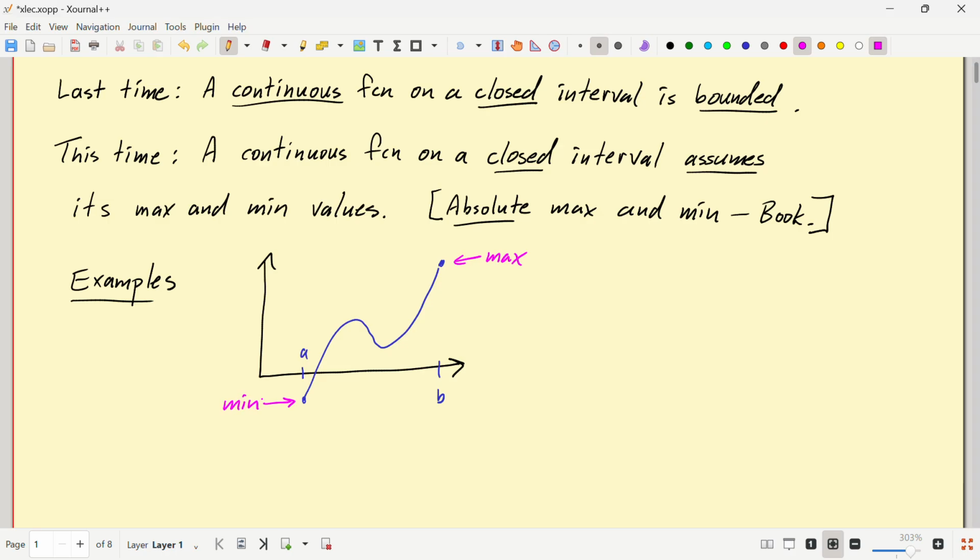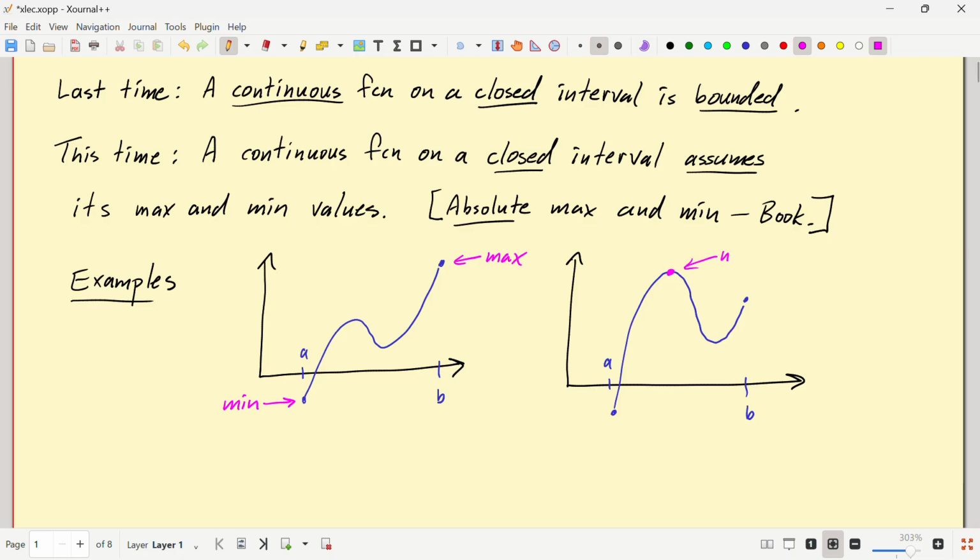Doesn't have to look like that, though. I could have another one that goes like this. Then the min would be the left endpoint, but the max here would be right here.